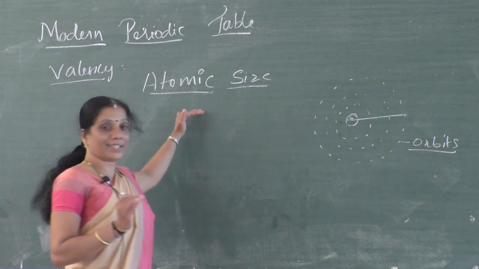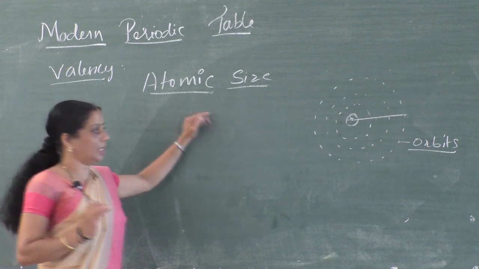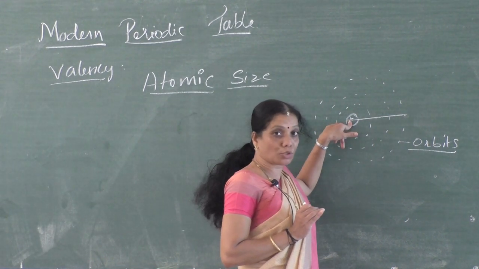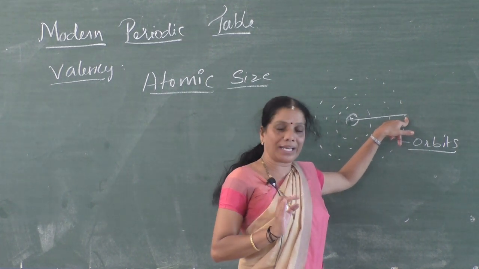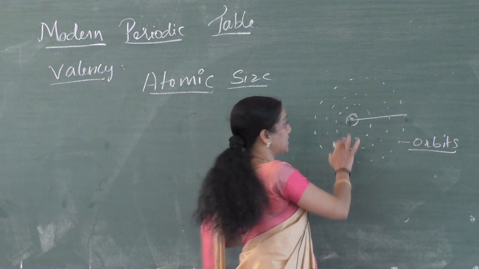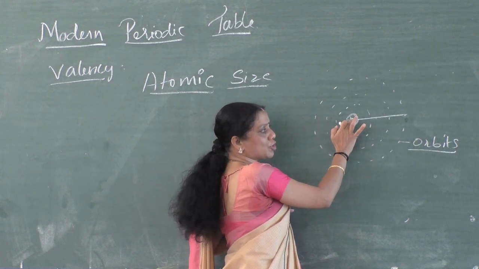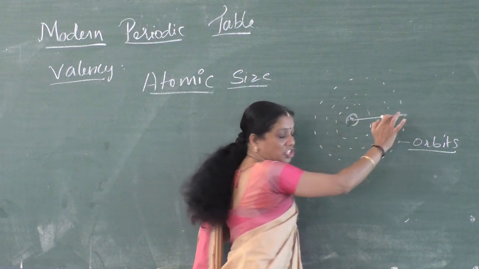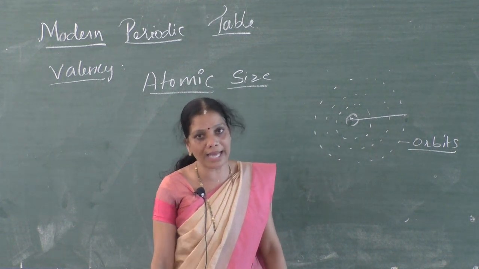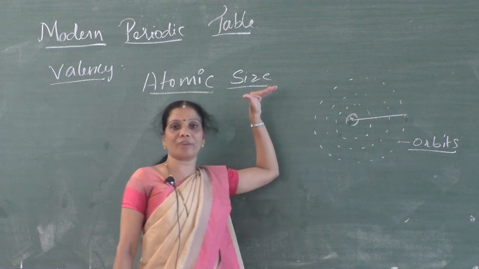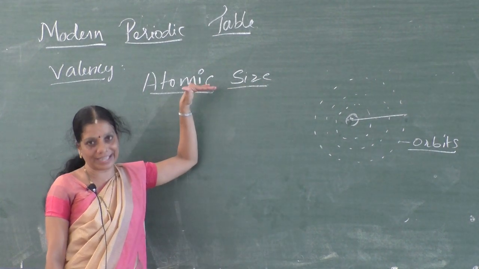The atomic radius is the distance between the center of the nucleus to the outermost shell containing the electron. You can write like that. Otherwise, the distance between the center of the nucleus to the outermost shell of an isolated atom or a neutral atom. Now this is the definition of the atomic size or the atomic radius.